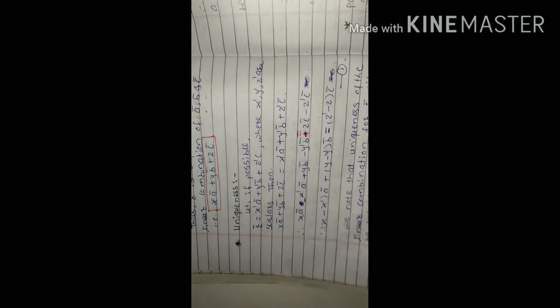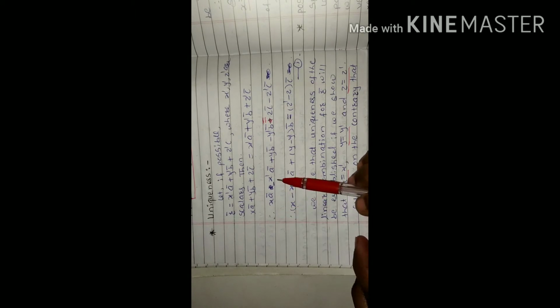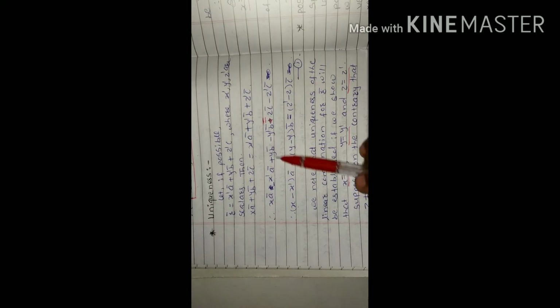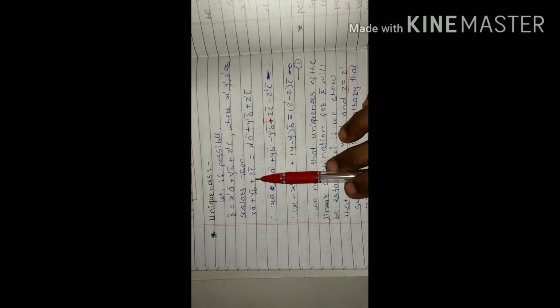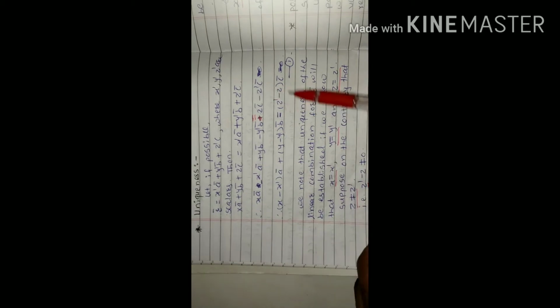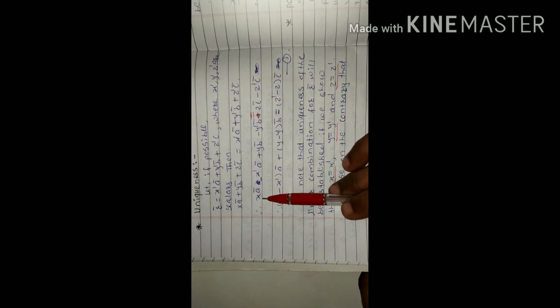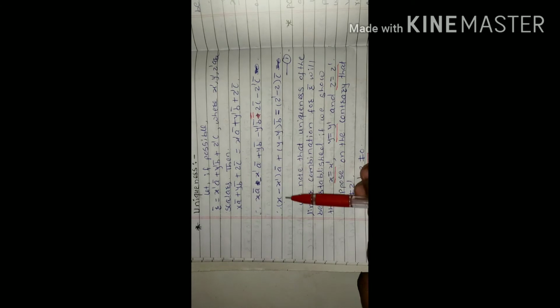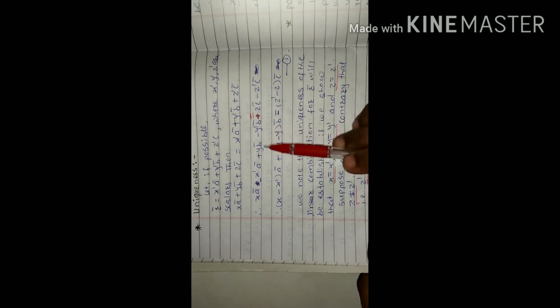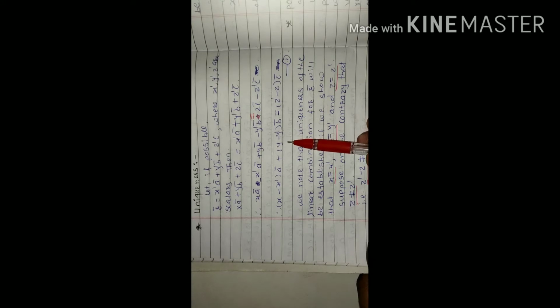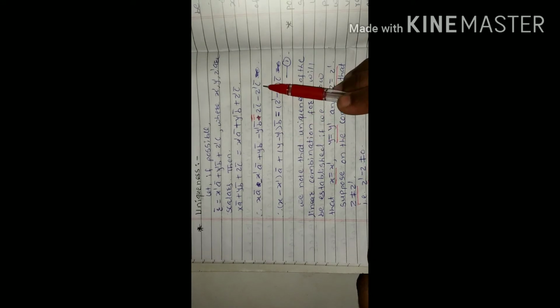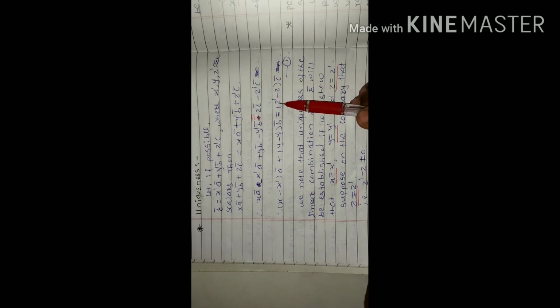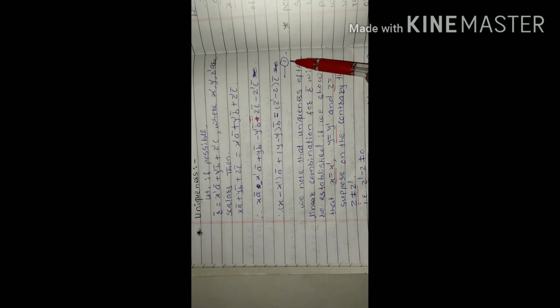Comparing the above two equations, we get x a bar minus x dash a bar plus y b bar minus y dash b bar plus z c bar minus z dash c bar is equal to, with a bar constant and remaining term in bracket x minus x dash, plus b bar constant, remaining term y minus y dash, plus c bar constant, that is z dash minus z. We give this equation number first.